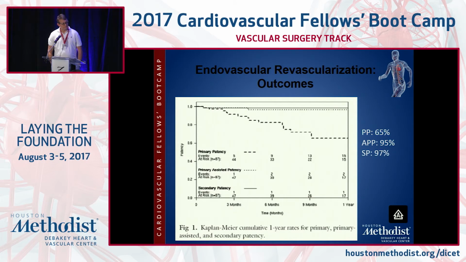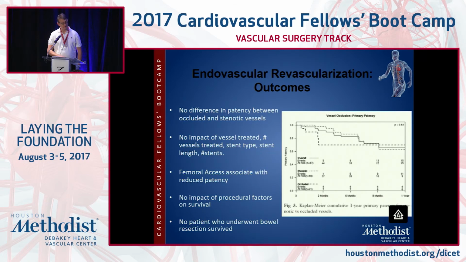What we do see, in this study from the Cleveland Clinic group, is that out to 1 year they have primary patency of 65%. But with close duplex follow-up and secondary interventions, usually just angioplasty of in-stent stenosis or extension of stents for edge of stent stenosis, you can achieve very good assisted primary and secondary patency.